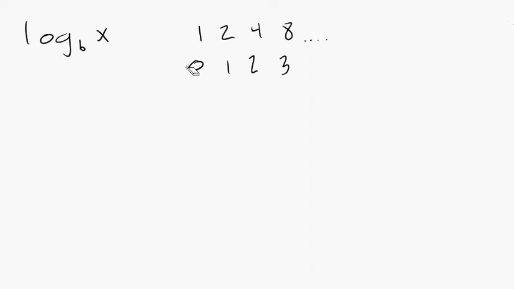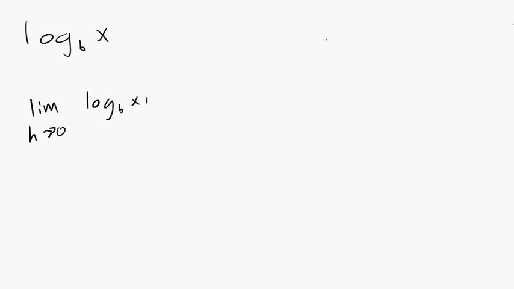So let's just find the derivative of it using the limit definition like we did before. So the limit as h approaches 0 of log base b of x plus h minus log base b of x over h.